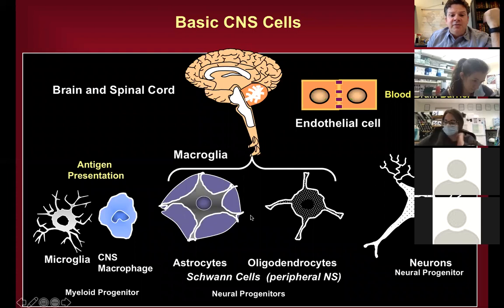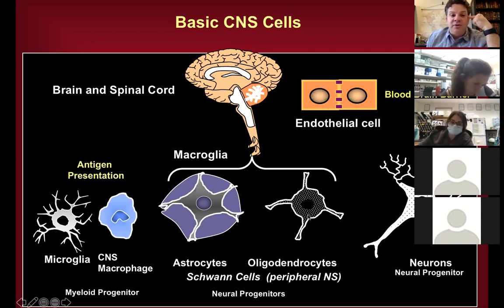Other cells in the brain really have no immunity response, but they're all important, and we'll go through why. You have endothelial cells that end up being very important for the blood-brain barrier and actually for cell-cell communication. Astrocytes, which are support cells, are kind of star-shaped with this protoplasm around them. They're what are called macroglia.